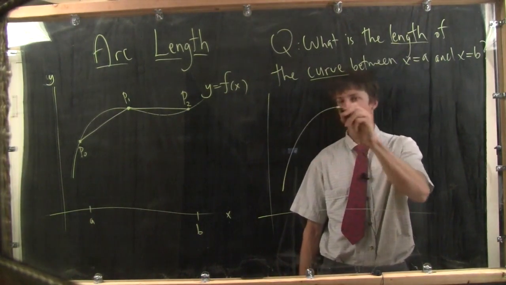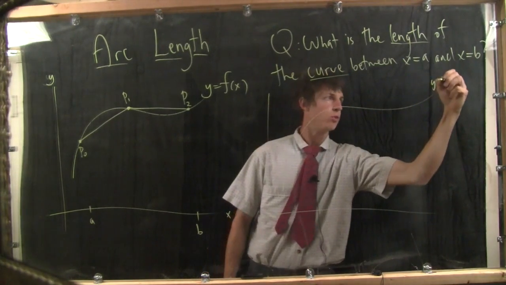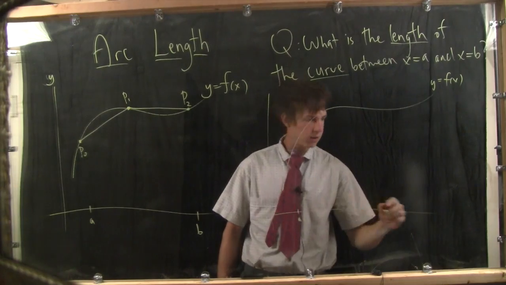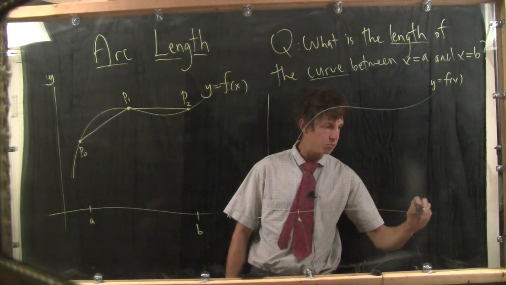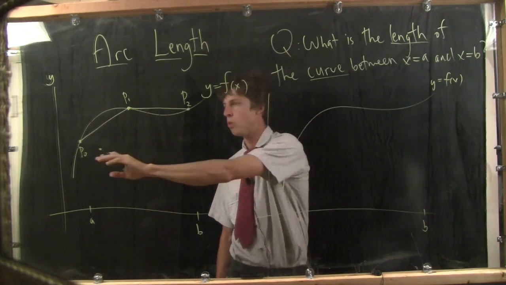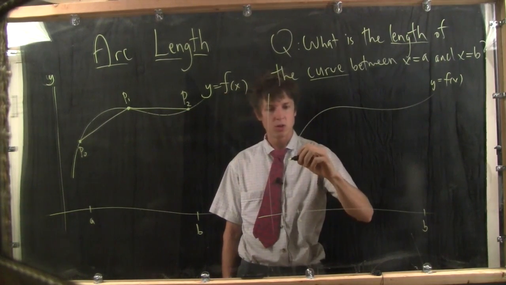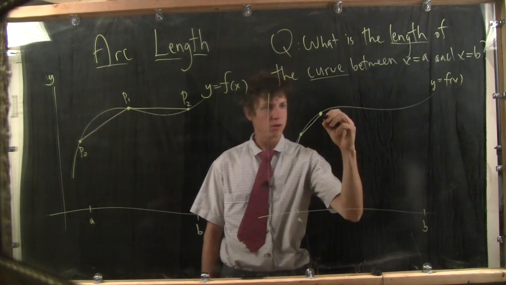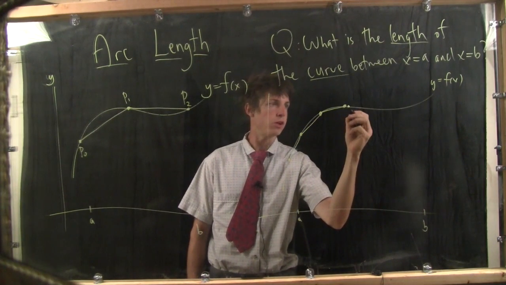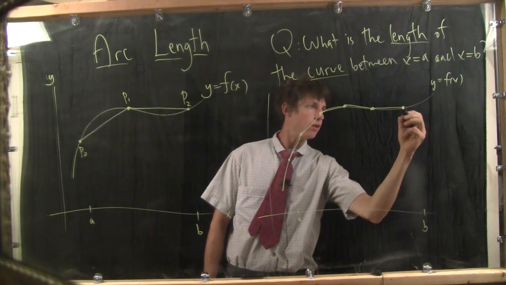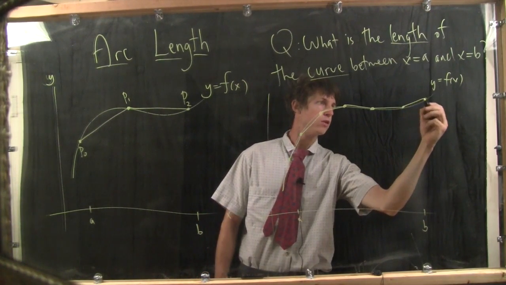So let me draw the same curve. Here's y equals f of x. Here's a, and here's b. Instead of using 3 points, you could use a bunch of points: 1, 2, 3, 4, 5, 6.